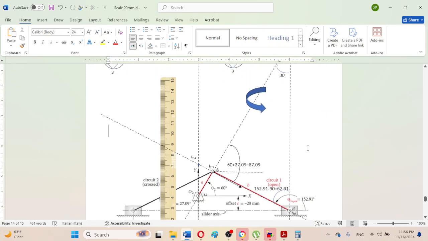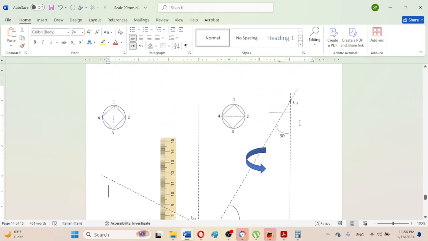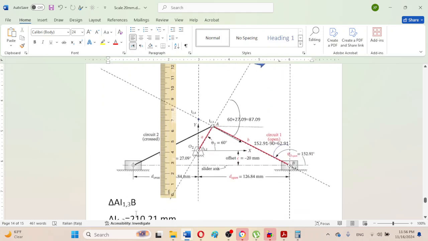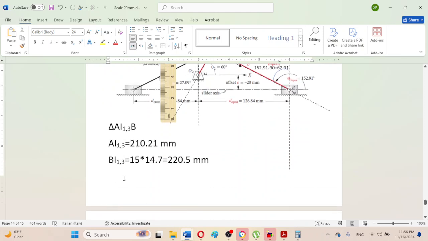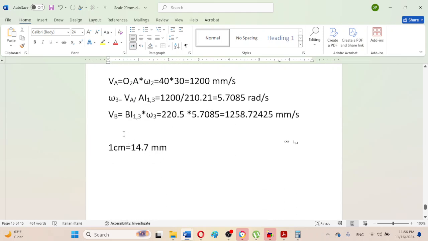After that we will be applying the law of sines on this triangle a, I1,3 and b. On this triangle we will be applying the law of sines, which can be applied here.